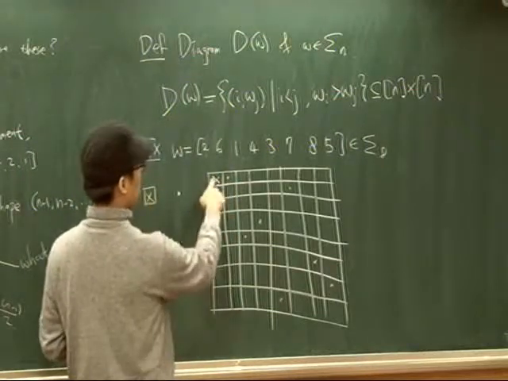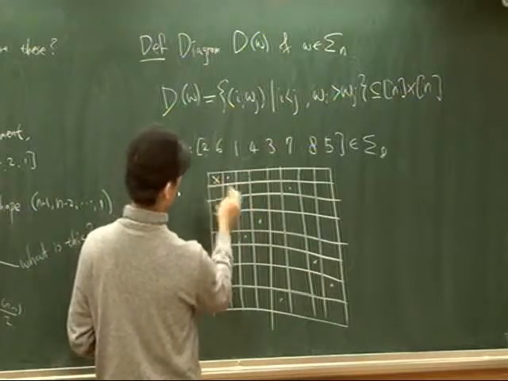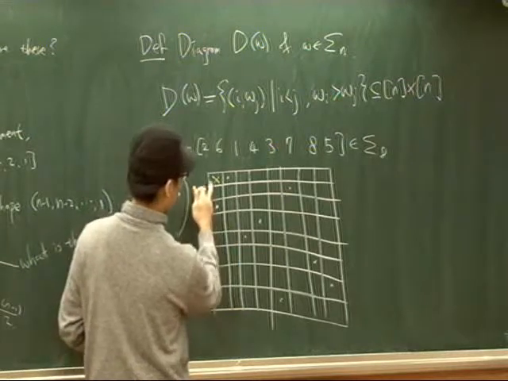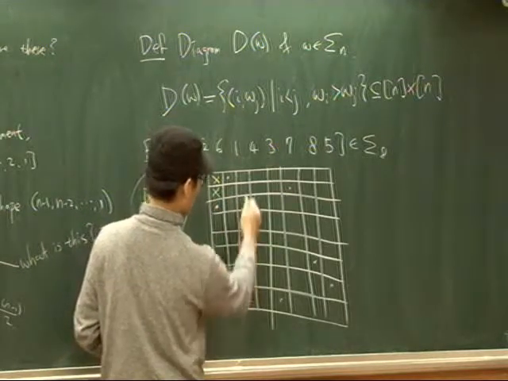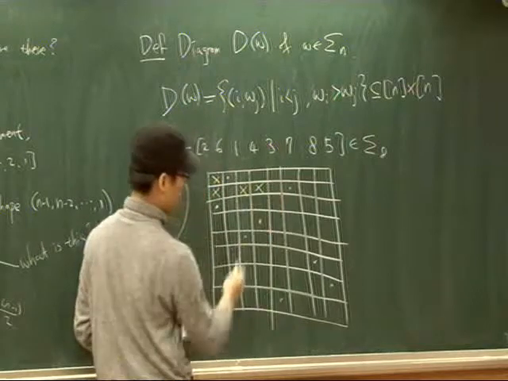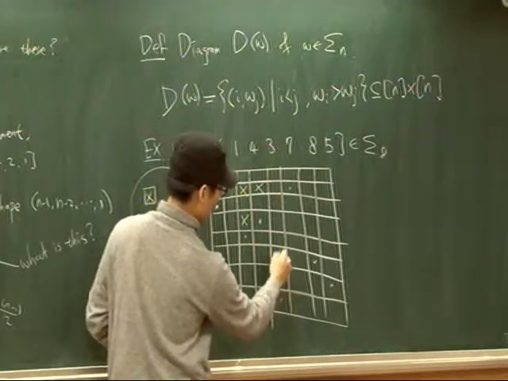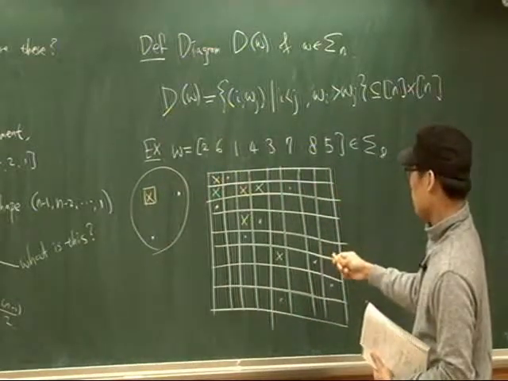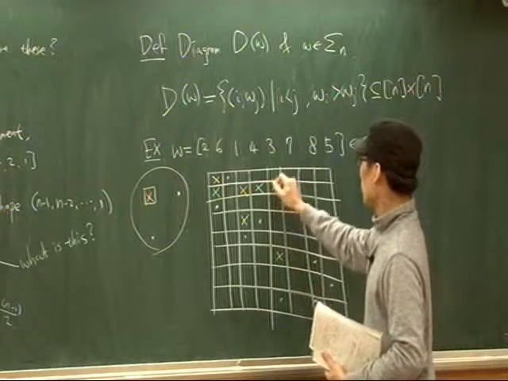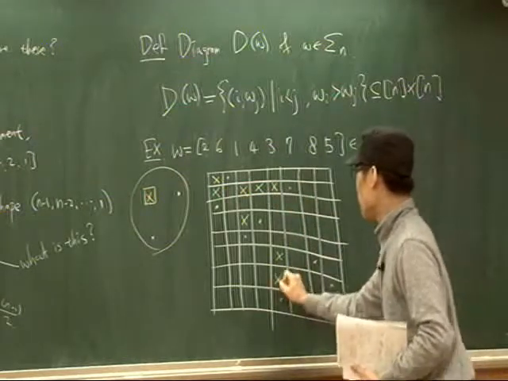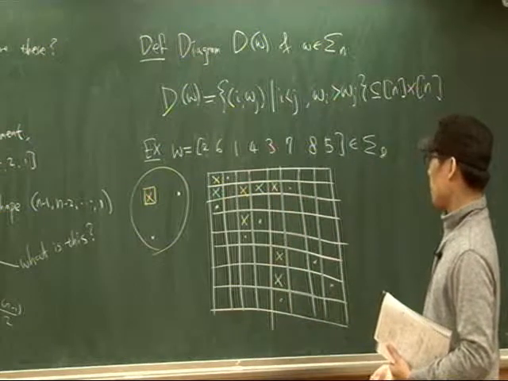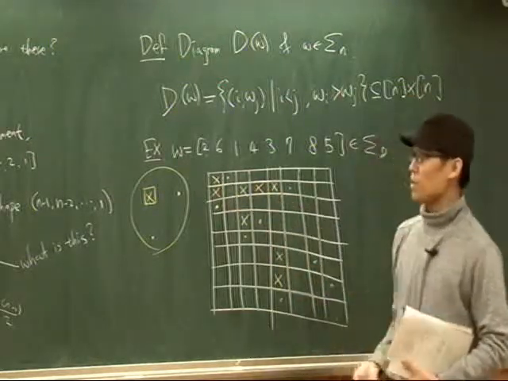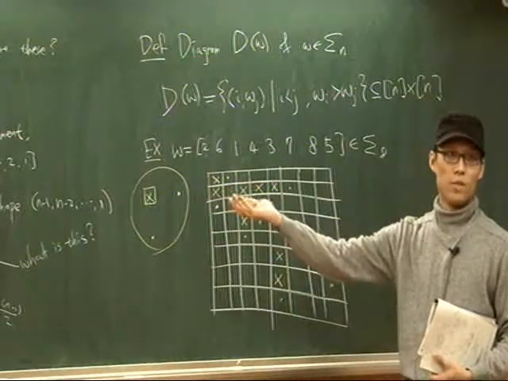I'll draw an X in the boxes which satisfy this condition. These yellow boxes are going to be the diagram of this permutation w.